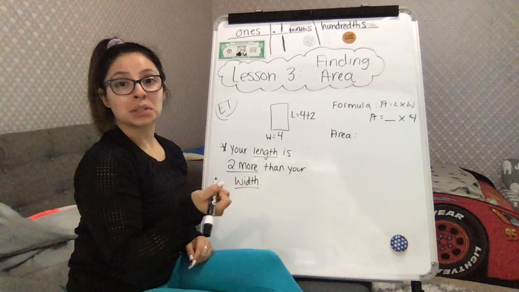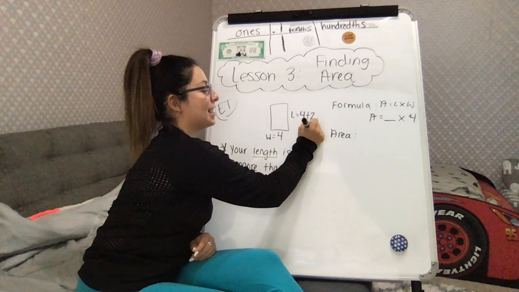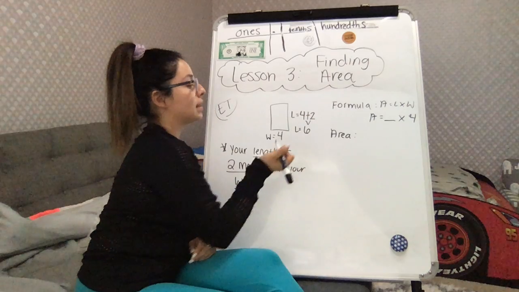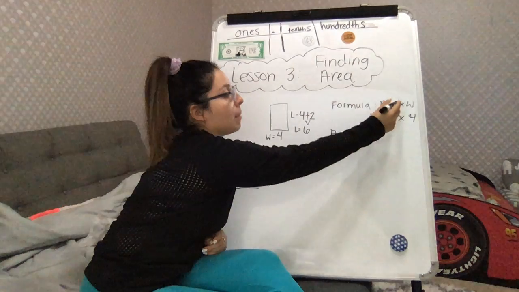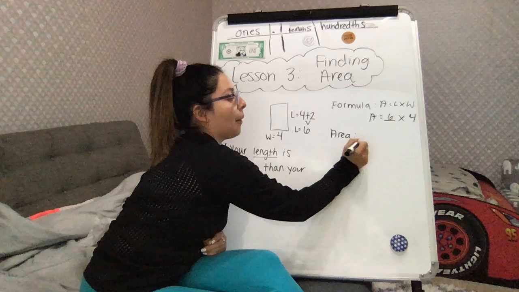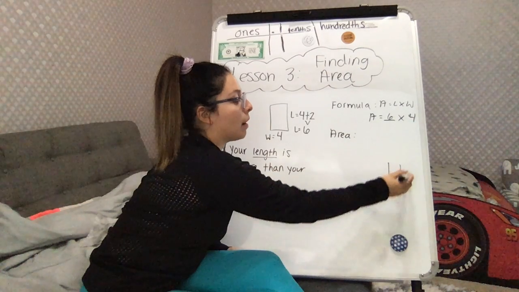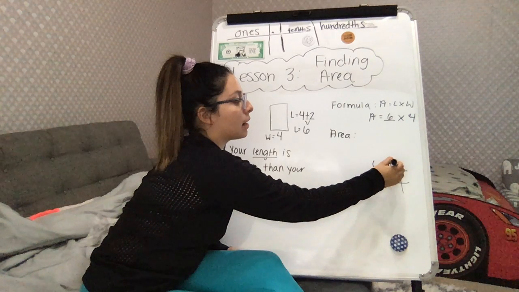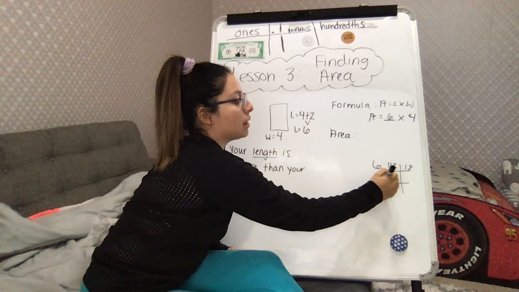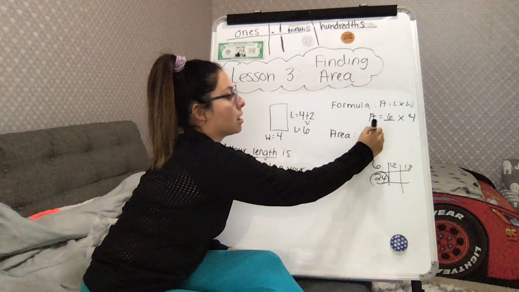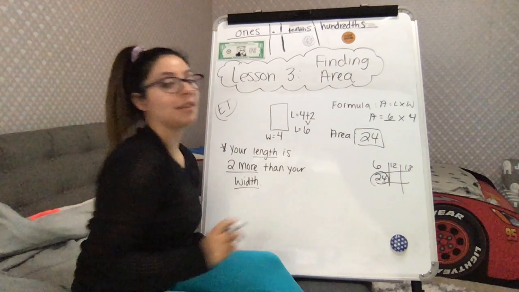So 4 plus 2 is 6. So our length is really 6. And if I have my length, I can plug it in, and now I can find my area. 6 times 4. Remember, if you're not sure about it, or if you want to double check, do your tic-tac-toes. 6, 12, 18, 24. And that is our lovely area.